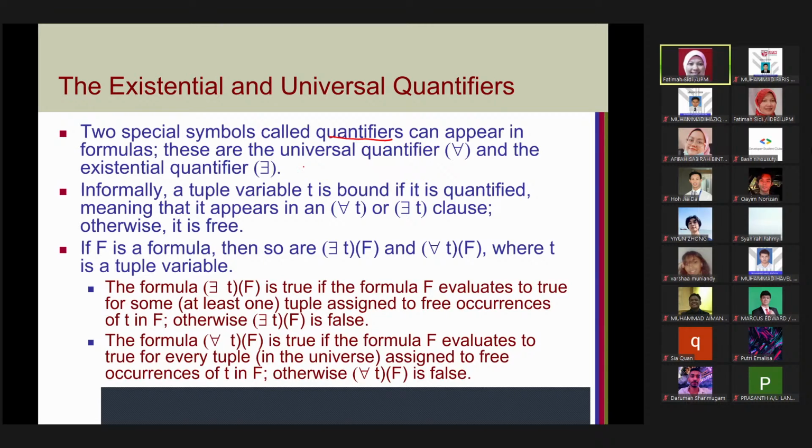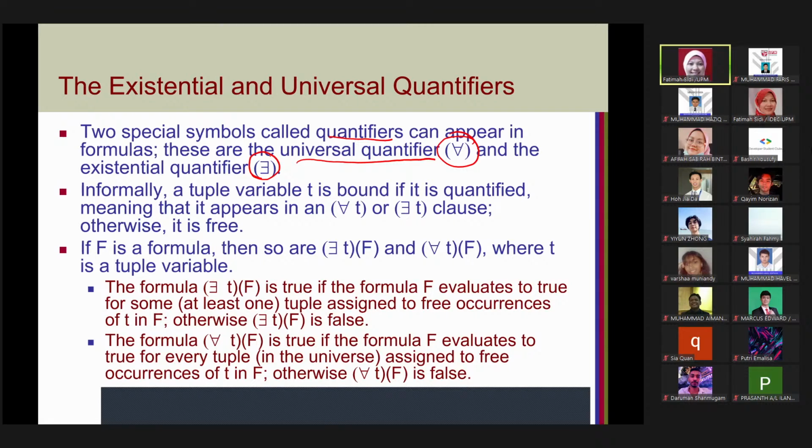The first one is the universal quantifier. We use this symbol to denote the universal quantifier, and this symbol to denote the existential quantifier.